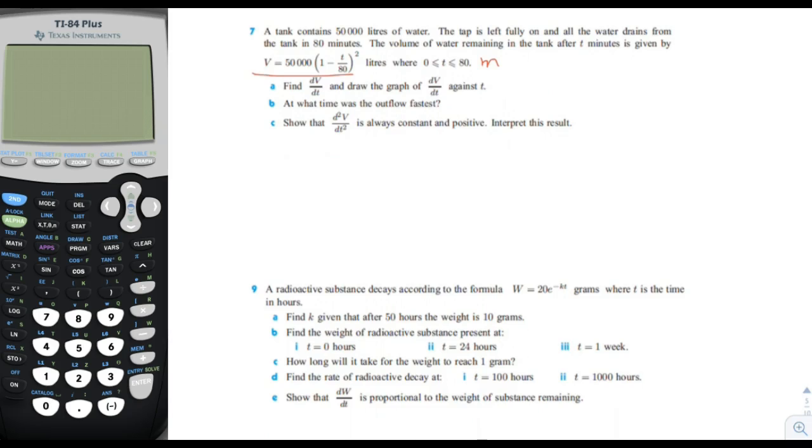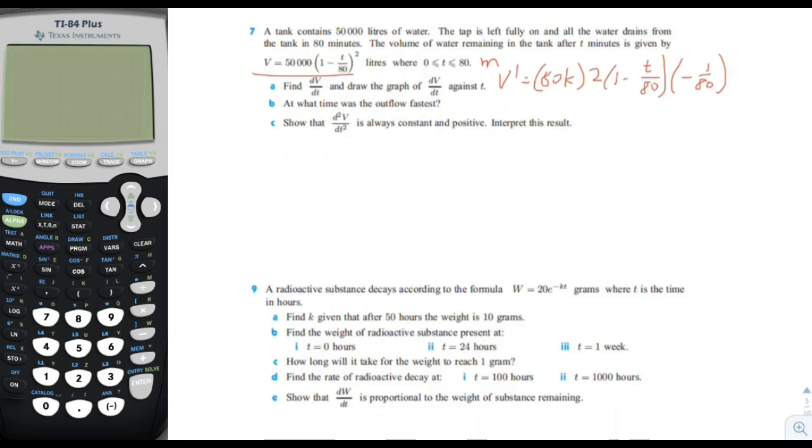Okay, so let's see. dV/dt is going to be equal to 50,000 times, and then we're going to do the power rule. And then we're going to do the chain rule. We're going to take the derivative of what's inside there, so it would be negative 1 over 80, because that's the coefficient for t.